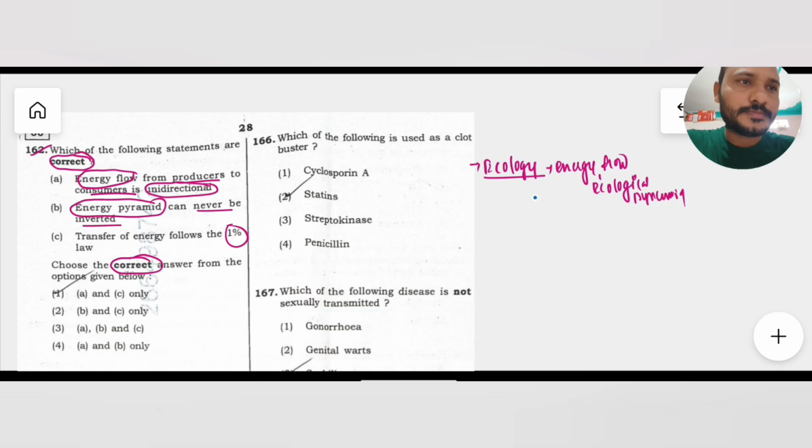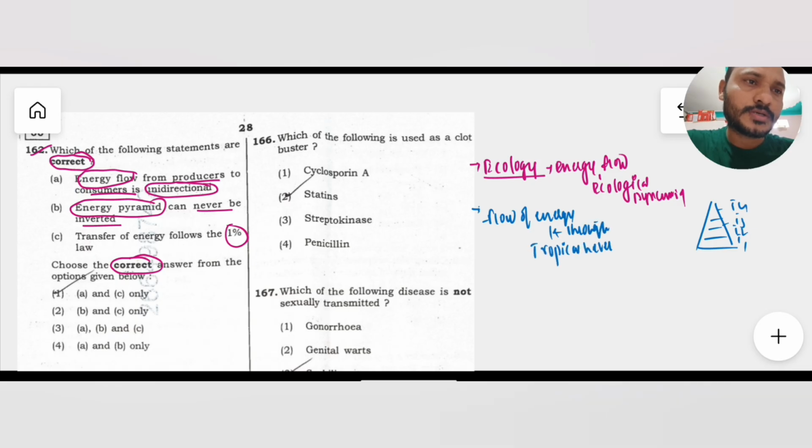Here I'm writing energy flow through trophic levels. We have various trophic levels, like trophic level 1, 2, 3, 4. The flow of energy through various trophic levels is strictly unidirectional. Very important: unidirectional, not bidirectional. For example, in trophic level 1 we have producers, which produce food, like plants.